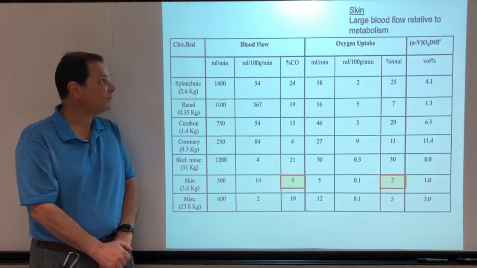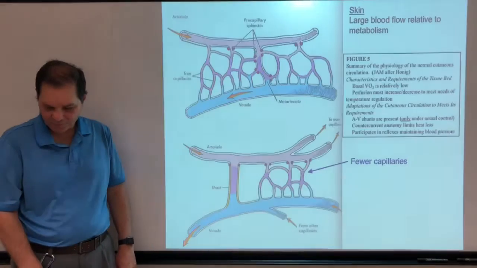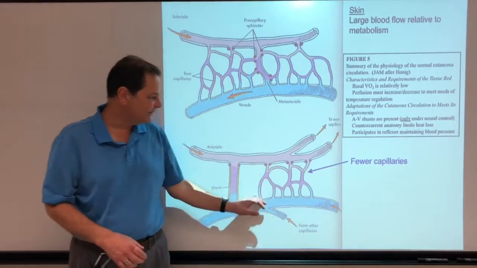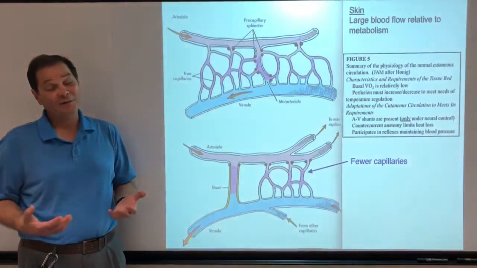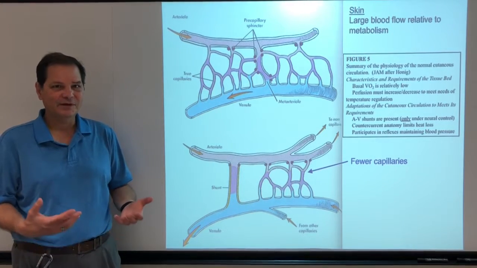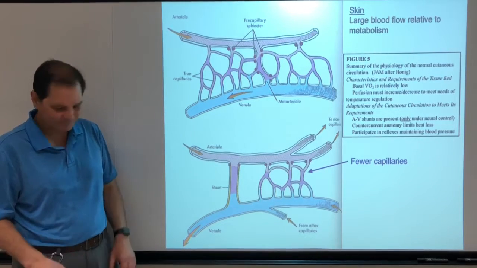So skin is an overperfused tissue, and it has a fairly large blood flow relative to its metabolism. It has fewer capillaries because it's not really consuming that much oxygen, and so there isn't a whole lot of reason to have a bunch of capillaries there exposing those cells to a whole bunch of blood when you're not consuming that much oxygen anyway, okay?